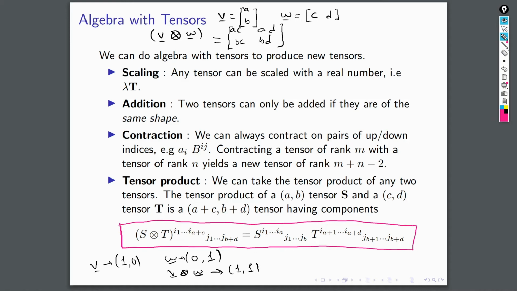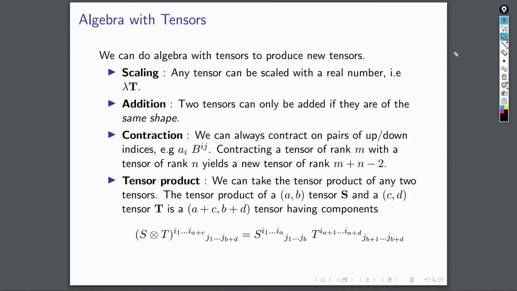So in our instance, we had V tensor product omega 1, 1 is equal to V1 omega 1. That's pretty much that.